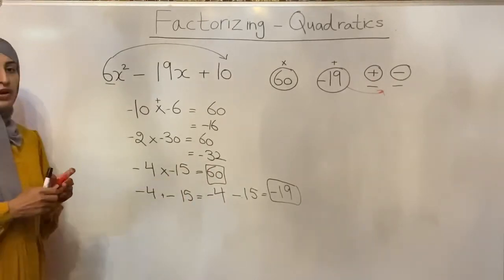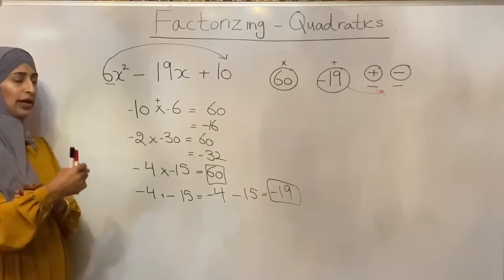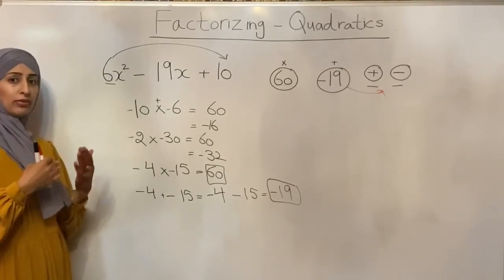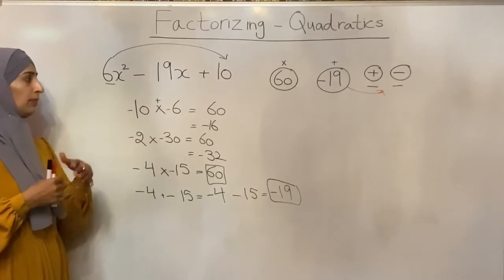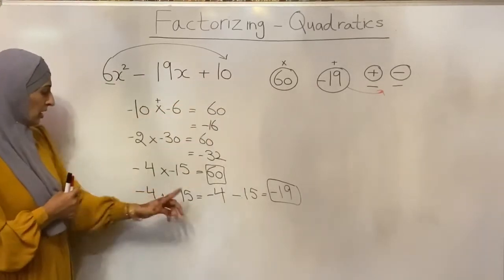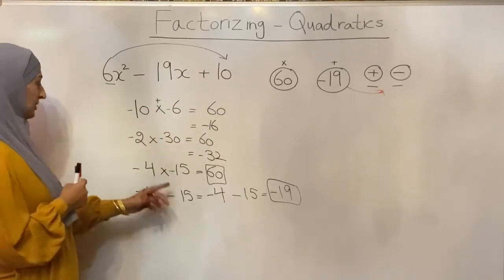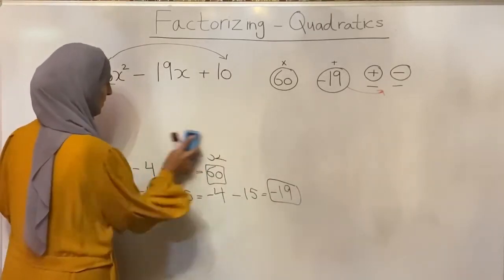So you have to find the right factor pair by multiplying different timetables until you get the right numbers and signs. But the tip will definitely help you: if you have minus and plus, then the two numbers will both be minus. I'm going to write this factor pair here.